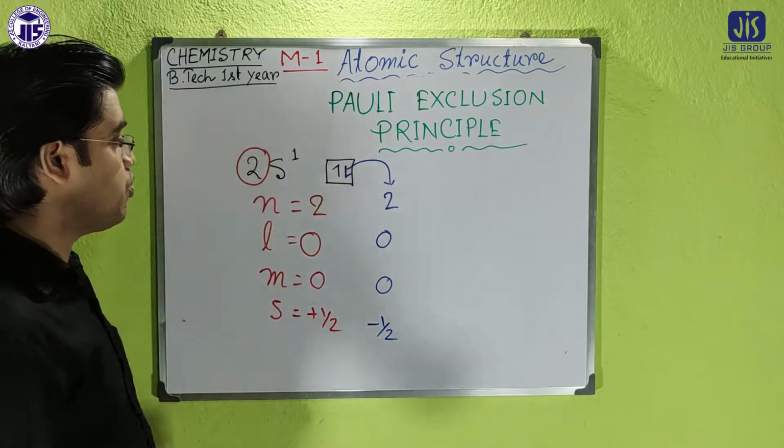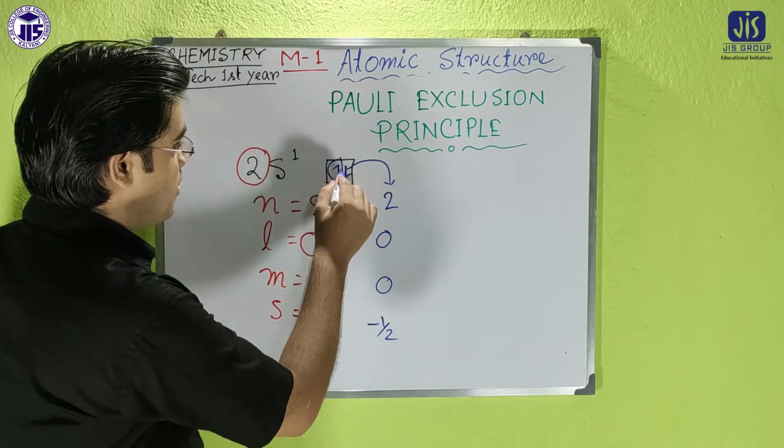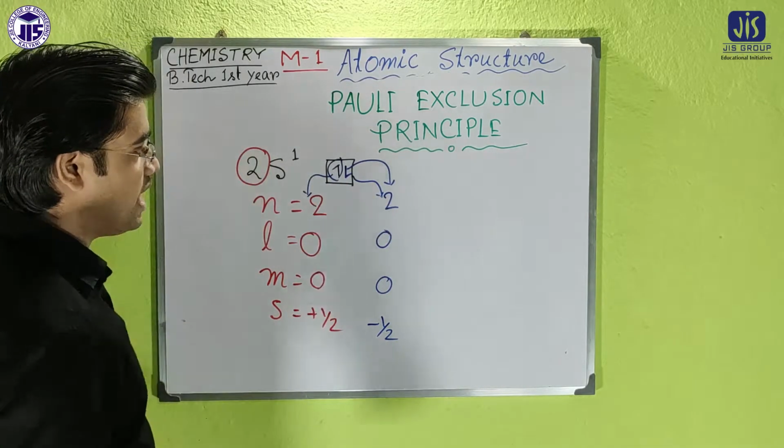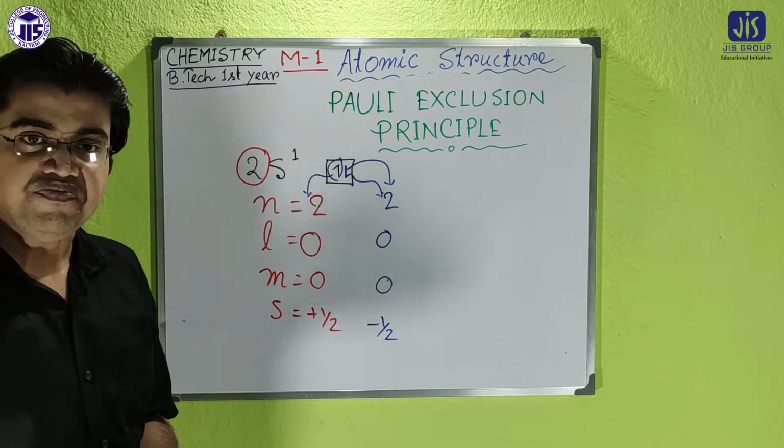That means for the first case, that is the set of the quantum numbers, and it is the second set of quantum numbers.